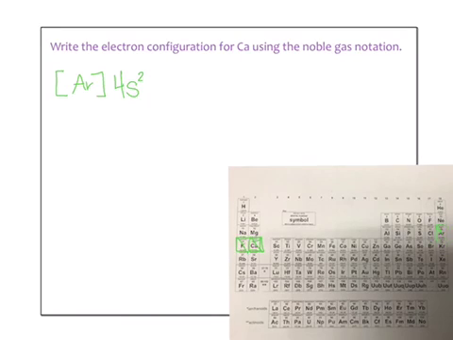So let's try another practice one here. Let's try the noble gas configuration for phosphorus. So again, if you count backwards, 14, 13, 12, 11, 10, that would be the closest noble gas. So neon goes in the brackets. And then from neon, you count down just like you normally would.